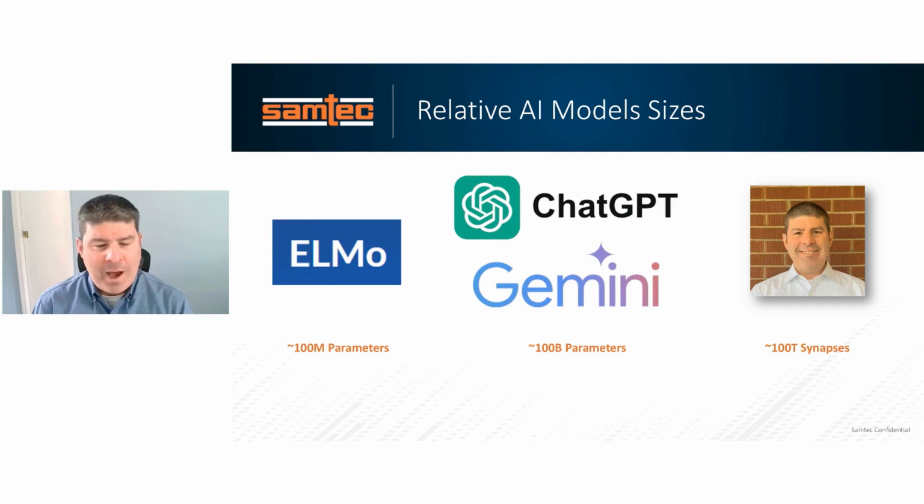When that tool came out, roughly 6 years ago, it was groundbreaking for the time. It had roughly 100 million parameters. ChatGPT and Google's analogous tool, Gemini, have roughly 100 billion parameters, maybe 200 billion, depending upon the metrics that you look at.